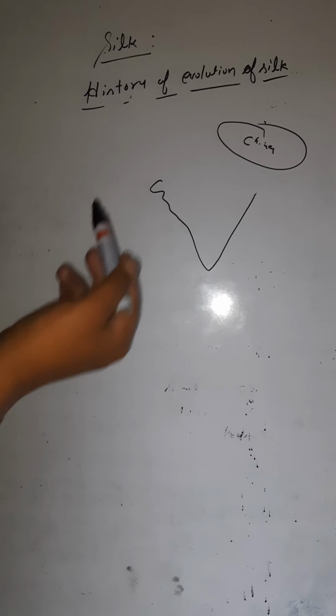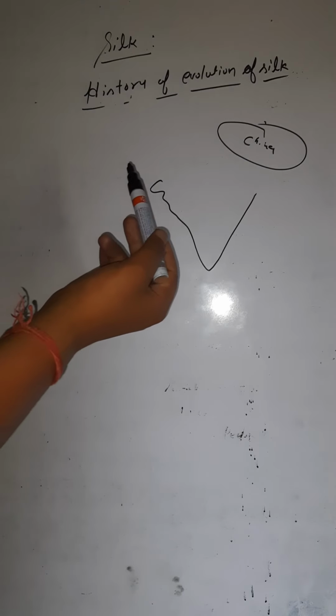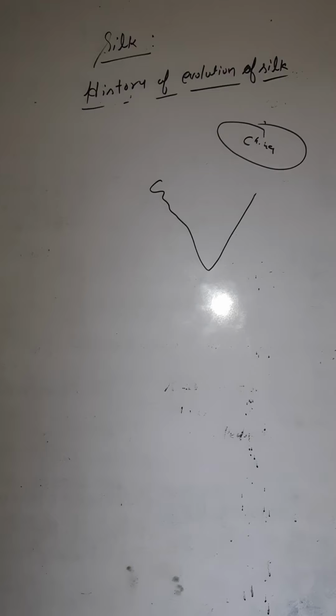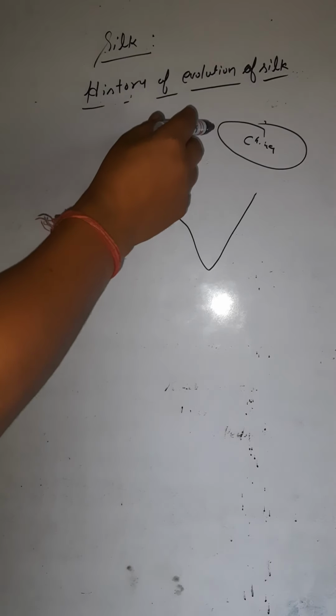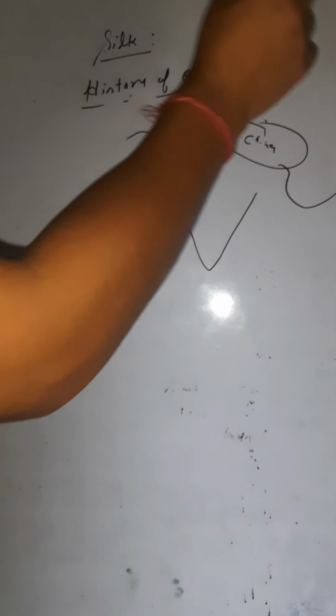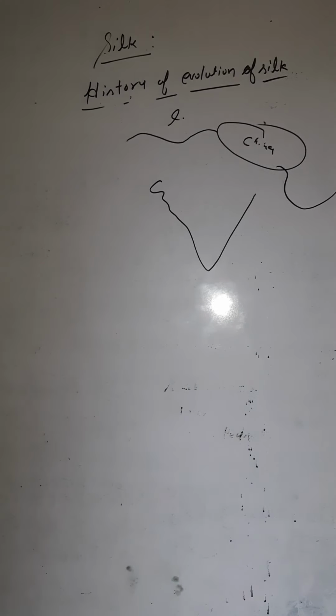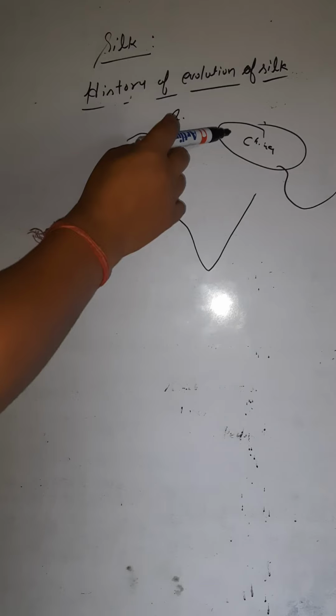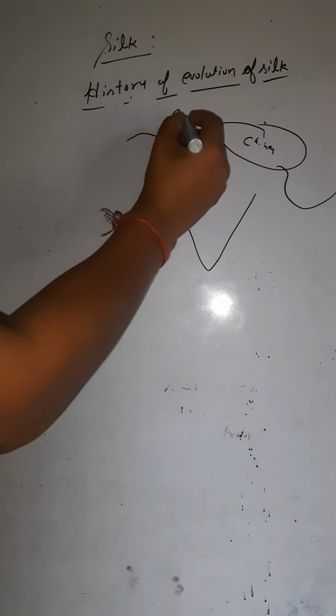Later it traveled across the world through different routes, such as land routes, and then through the sea routes also. Most commonly the silk from China traveled through the land routes.